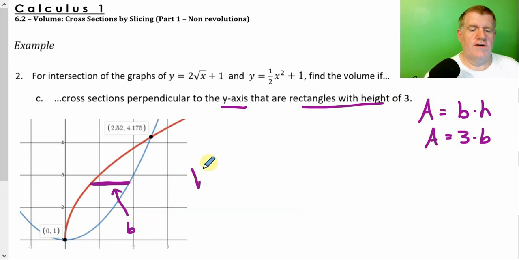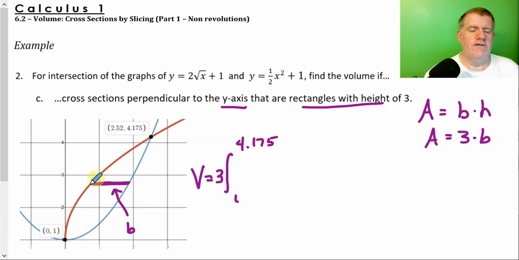So my volume will be the integral of this. It'll be the integral of 3 times the base. Well, since 3 is a constant, I'll pull it out. You don't have to. You can leave it inside if you want to, but I'll take it to the outside of the integral sign. The y values are going from 1 to 4.175. And what is the expression for this distance?